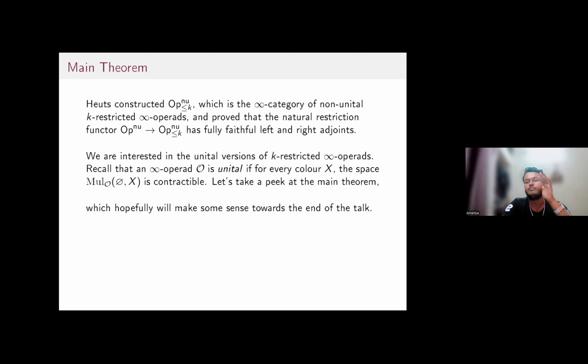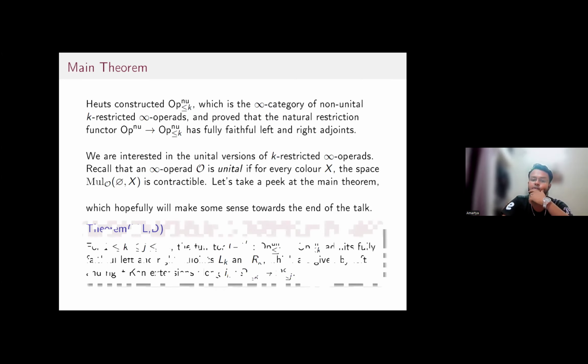So we're going to see the main theorem, and I'll see what I can do with the proofs. My goal here is to prove the left adjoint statement in detail. I'll try that, and for the right adjoint statement, that will depend on how much time I have towards the end of the talk.